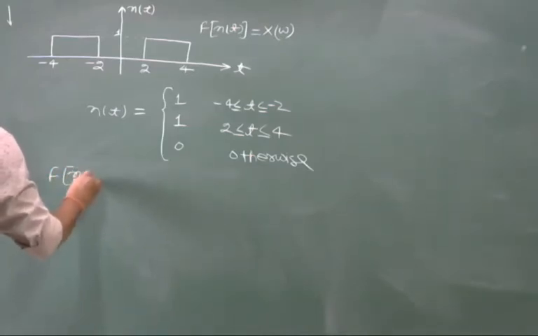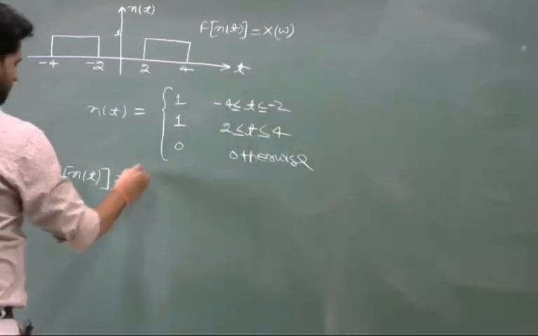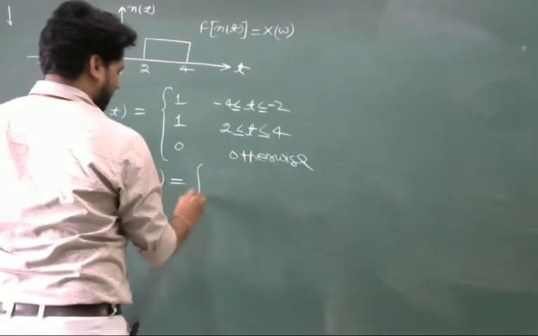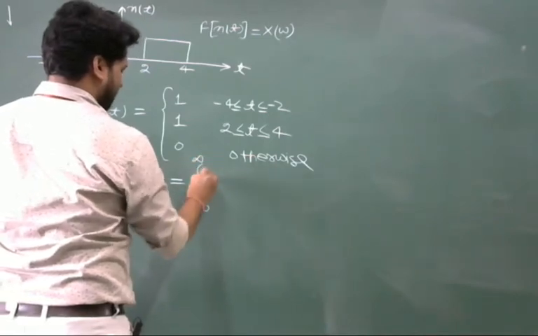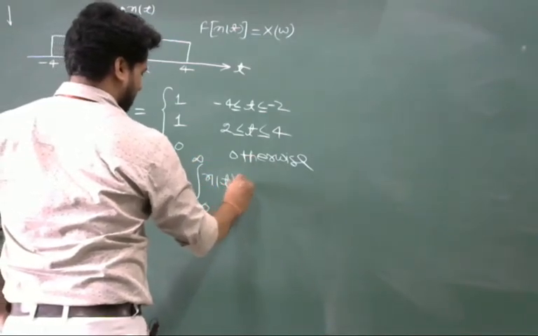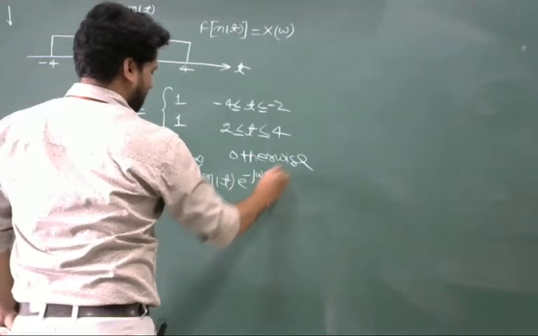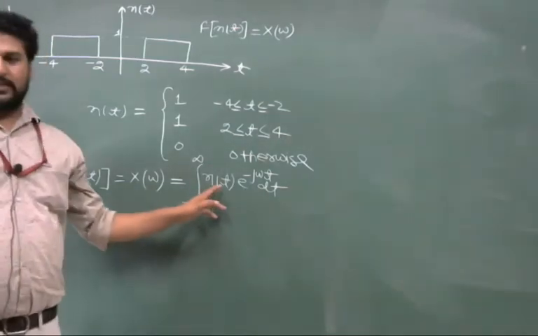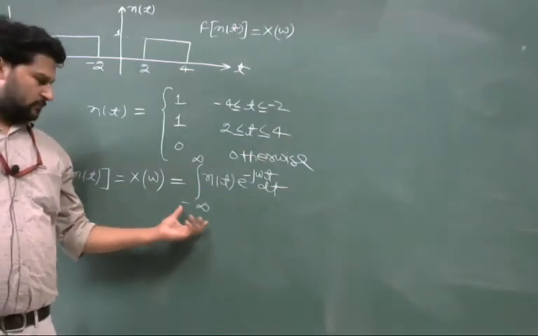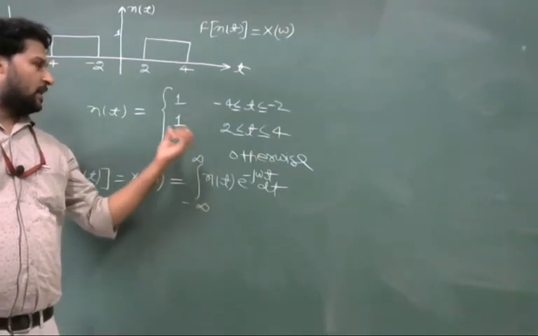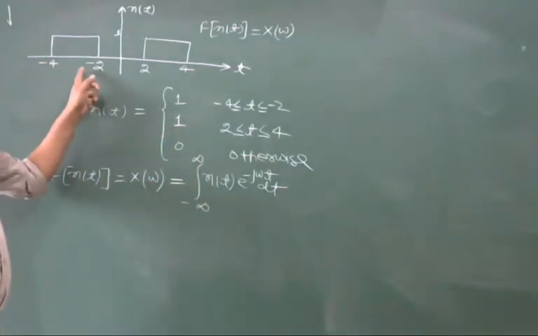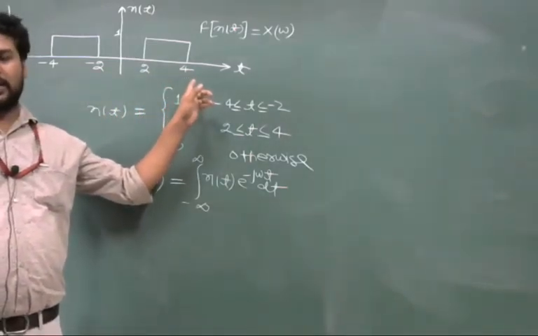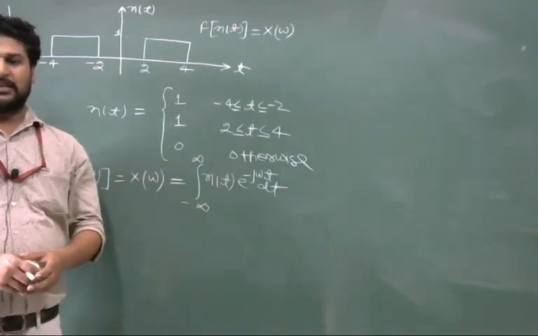Now we know the formula for the Fourier transformation is F of x(t), or it may also be written as capital X of omega, is equal to integration from -infinity to +infinity x(t) into e power minus j omega t dt. The value of this signal x(t) is 0 for all the values of t except when t is from -4 to -2 and when t is from 2 to 4, and for the remaining values of t the value of the signal remains 0.